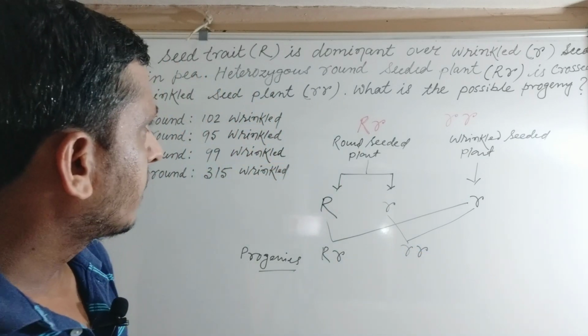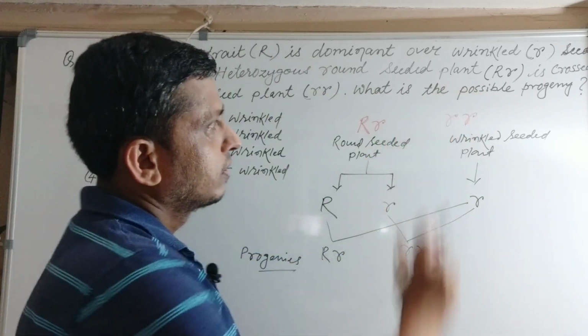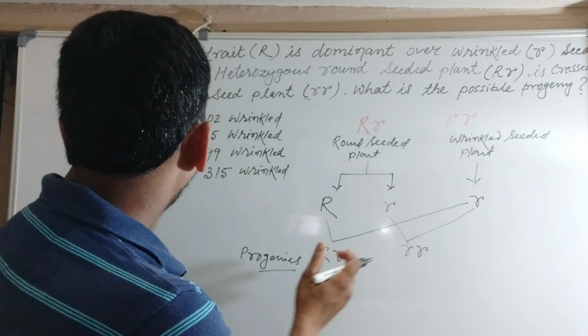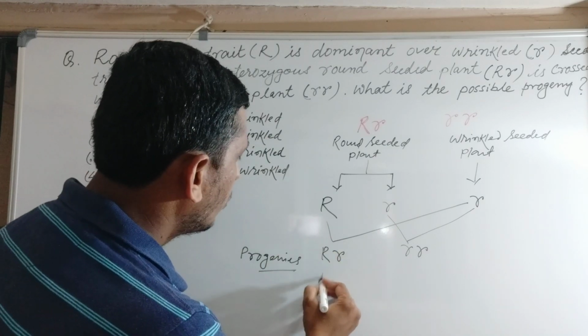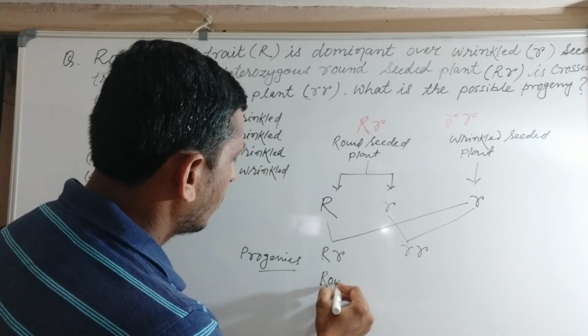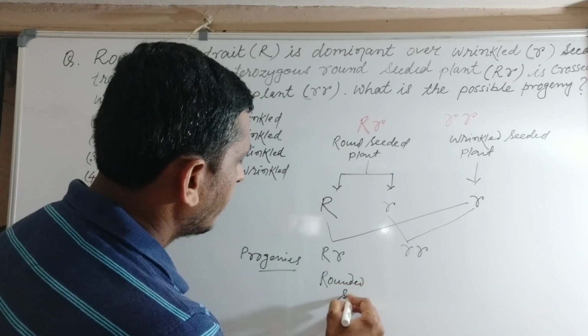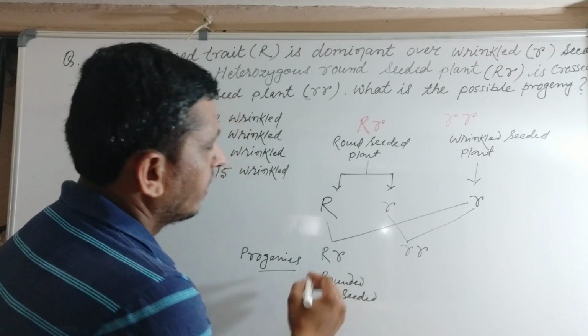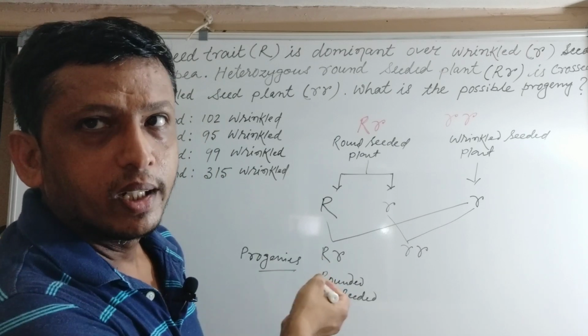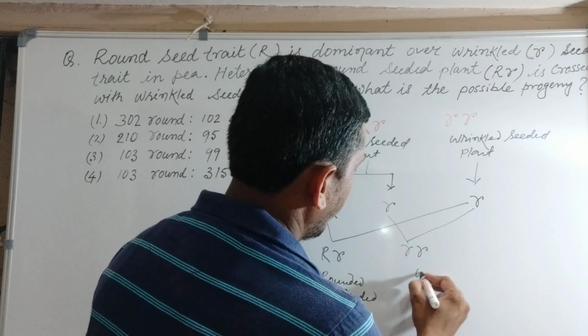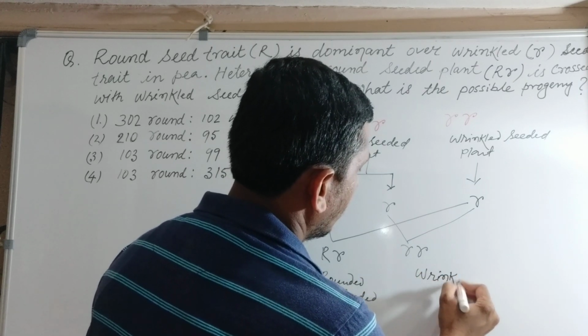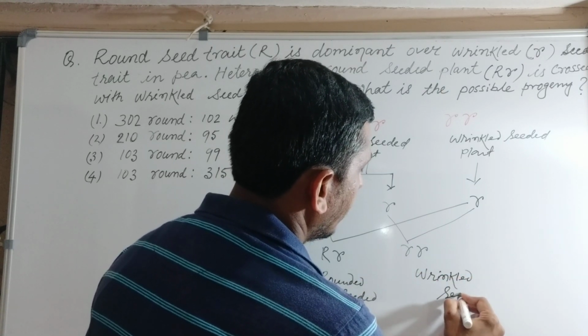Just like the parents. These plants will be round seeded, because capital R is there, the dominant trait is there, and these plants will be wrinkled seeded.